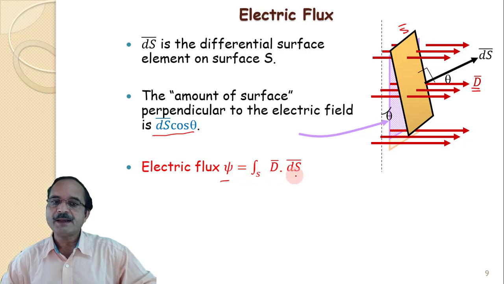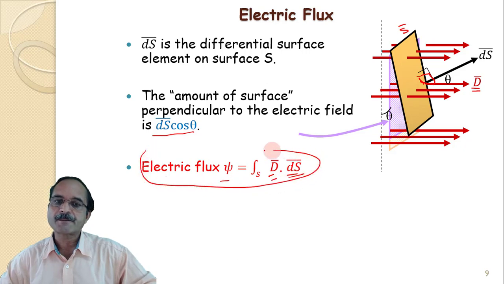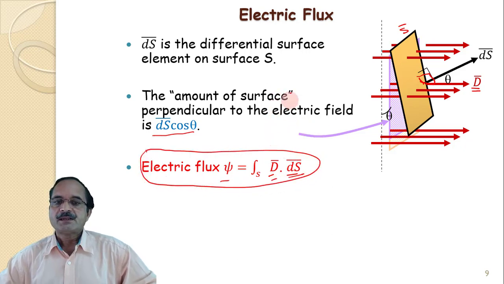So D dot ds is the component of electric flux density D in the direction of ds. ds is the small incremental area at this point. So if I integrate this over the complete surface area, then it gives me the total flux passing through this surface, given by this surface integral D dot ds.